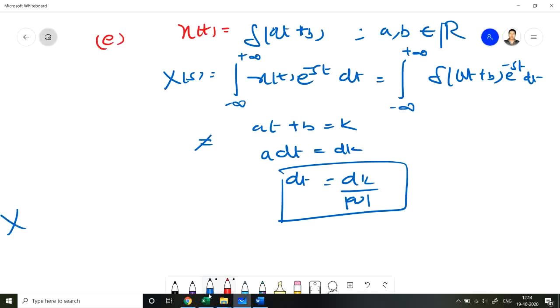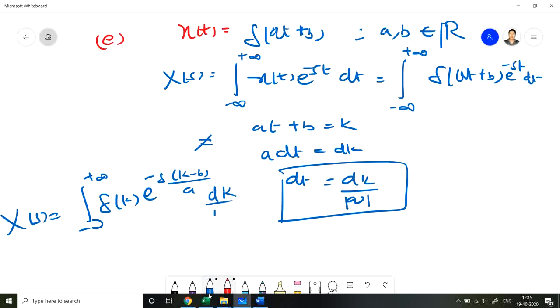So X(s) is written as the integral from minus infinity to plus infinity of δ(k) e raised to the power minus s, with t replaced by (k minus b) divided by a, and dk divided by mod a.